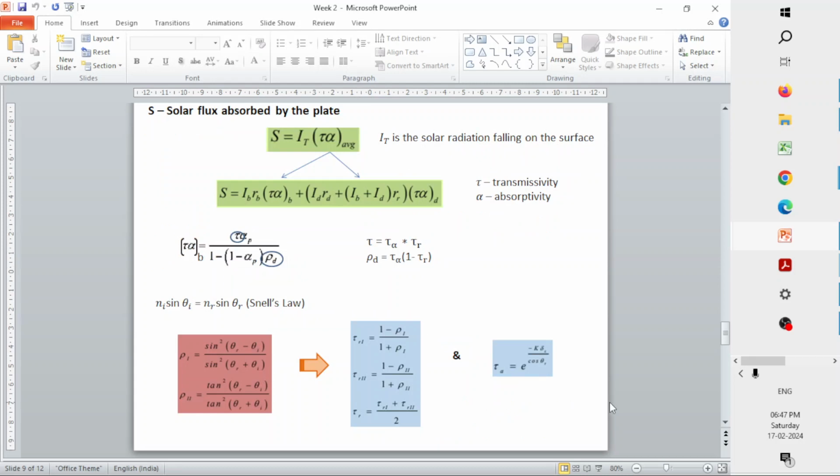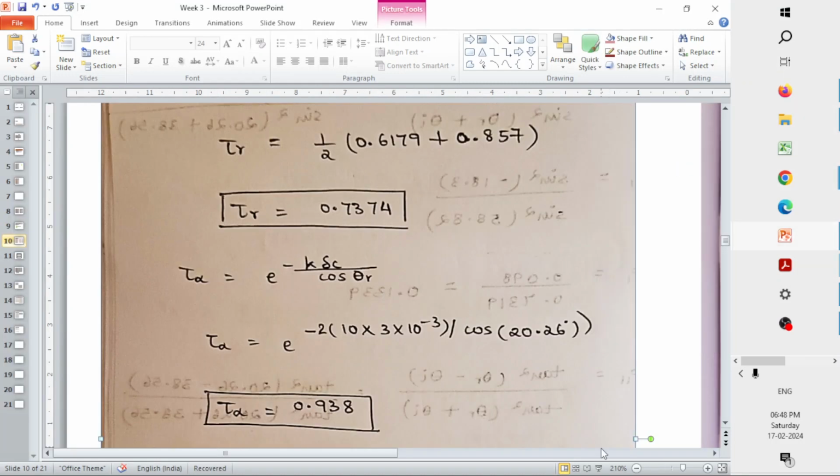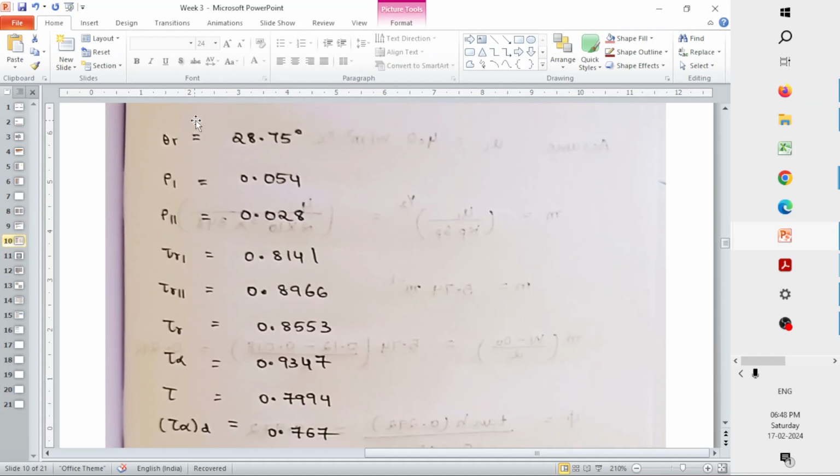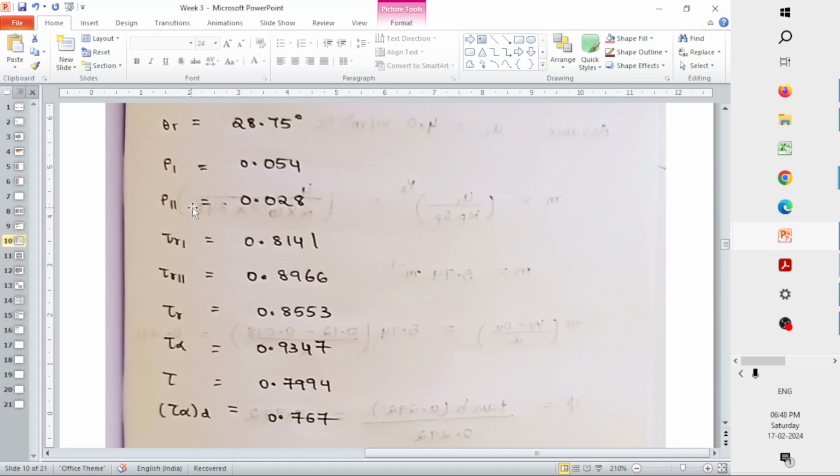After getting tau alpha and tau r, you get the transmissivity due to all the contributions from absorption, reflection, refraction. Then you have to calculate tau alpha d. So the entire process that we have discussed for the past 1 hour has to be repeated again. In order to minimize that effort, I have already pre-calculated it for theta I of 60. If you do that, you will get these values of theta R, rho 1, rho 2, tau R1, tau R2, tau R, tau alpha, tau, and tau alpha d.